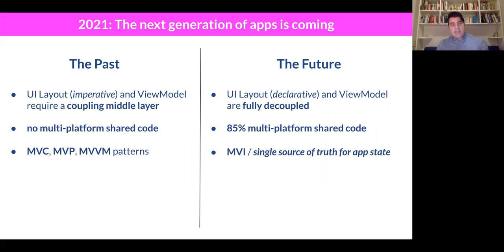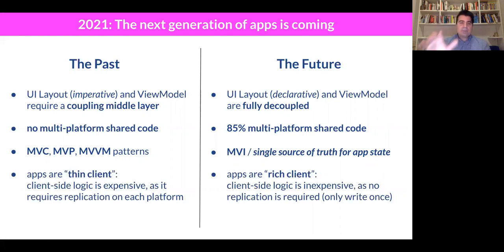In the past, you tended to use patterns like MVC, MVP, MVVM. In the future, it makes a lot of sense, when you deal with declarative UIs and Kotlin multi-platform, to use MVI and its characteristic, which is the single source of truth for the app state.